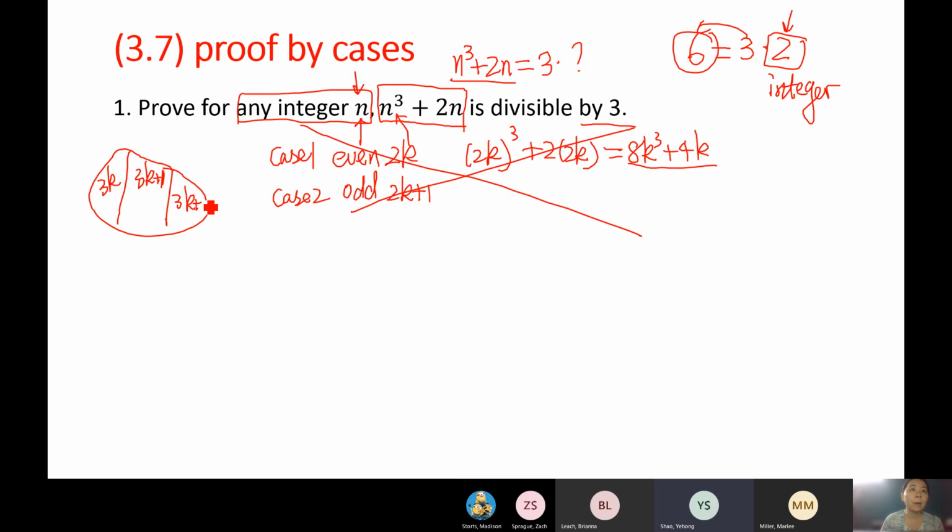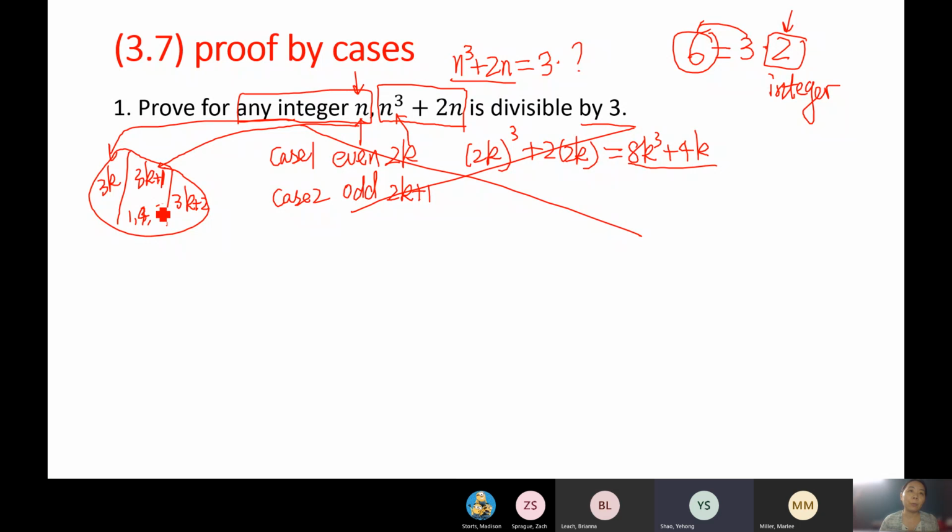Because any integer n is either a multiple of 3, like numbers 3, 6, 9, 12, or, if not, it will be like 1, 4, 7. These will be multiples of 3 plus 1, because when you divide 4 by 3, you get remainder 1.